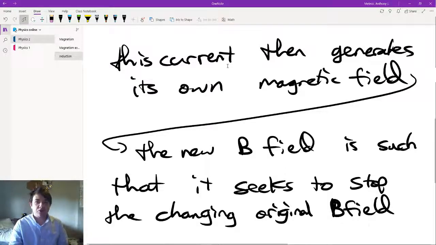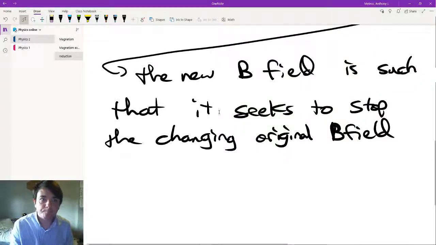So this current is in a direction that generates a B field that's kind of opposite to the original. Or it doesn't have to be opposite. All it has to do is be in a direction that seeks to stop the changing B field so that it doesn't change anymore, so that it can return to equilibrium.